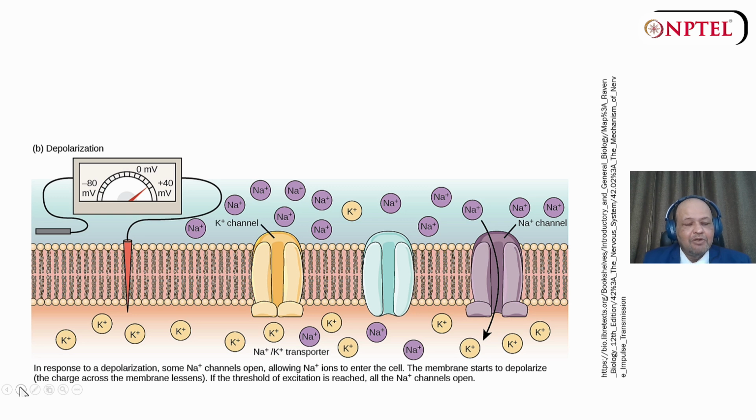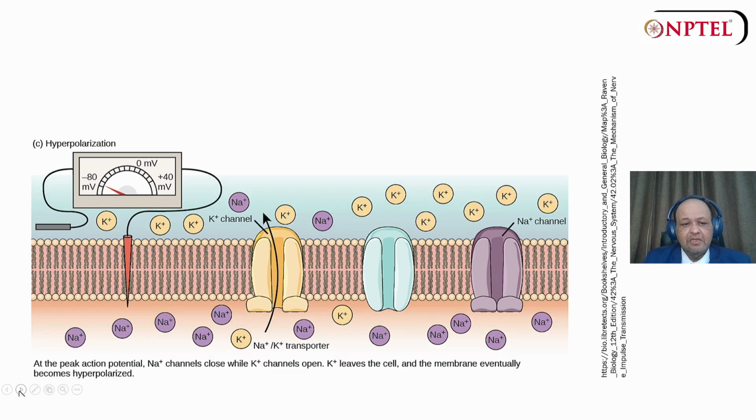In the depolarized state, we have a positive voltage of 40 millivolts. This, like I said earlier, would allow the sodium to get in gradually. This happens when the impulse is generated, and this is basically when we see the sodium getting in through the nerve membrane.